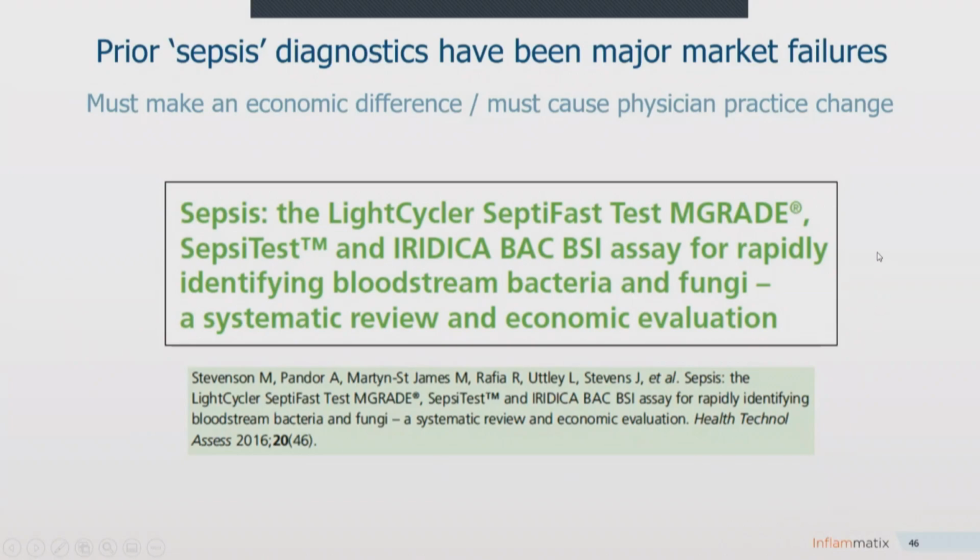They were technically adequate, but they were commercial failures. Untold millions were spent bringing them to market and then pulling them from market, because in the end, physicians didn't change their behavior enough when using those tests to show that there was any kind of actual clinical benefit of onboarding them in practice. I think the reason being that most patients who were sick enough to be bacteremic probably were already on broad-spectrum antibiotics, and ID alone without AST probably didn't change those antibiotic choices.